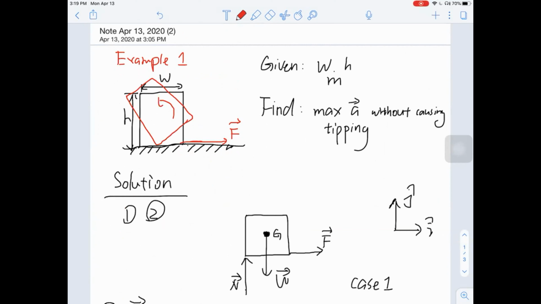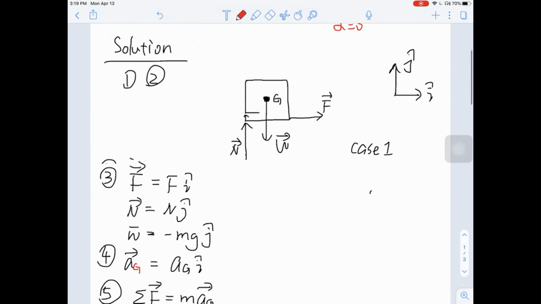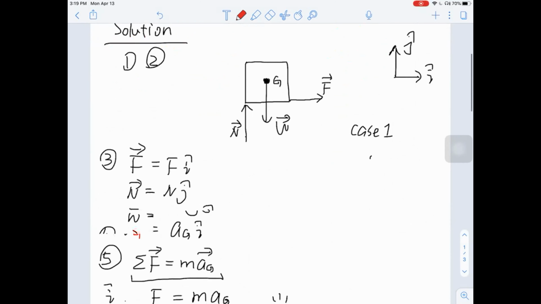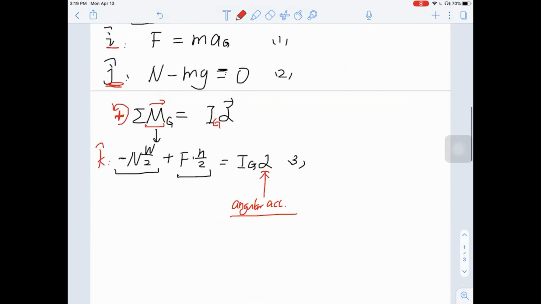So alpha tells us how fast that rotation would occur. Since here we're looking at without tipping, that means we don't want to have any angular acceleration alpha, if that makes sense. So that's kind of the hidden information in this problem. So alpha in this problem is 0.